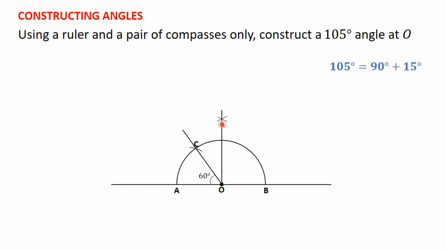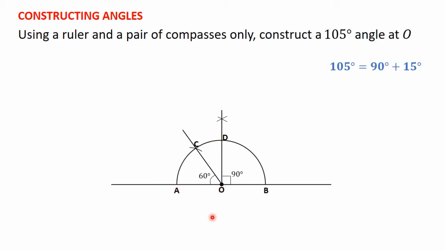When we draw a straight line to join this point, that is the point of intersection of the two arcs, to point O, we will form a 90 degrees angle. So the angle formed here is 90 degrees. Let's call this point D. Angle DOB is 90 degrees, and angle DOA is also 90 degrees.